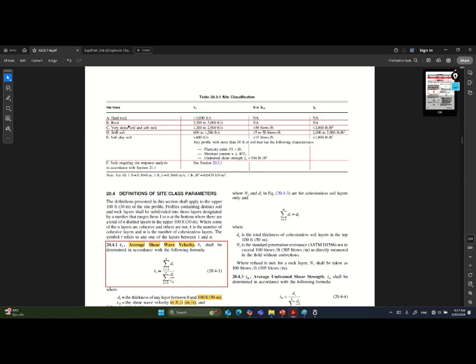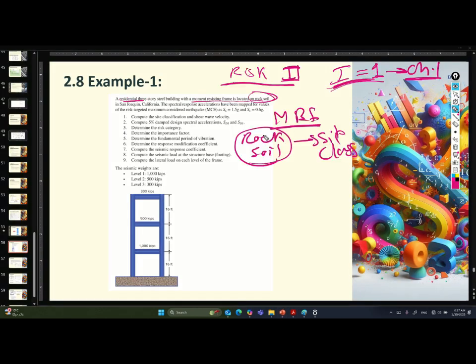I have a rock soil, site class rock, so it will be site class B, and the shear wave velocity will be from 2500 to 5000 feet per second. Also, he tells me that the spectral response accelerations have been mapped for values on the risk targeted maximum considered earthquake.